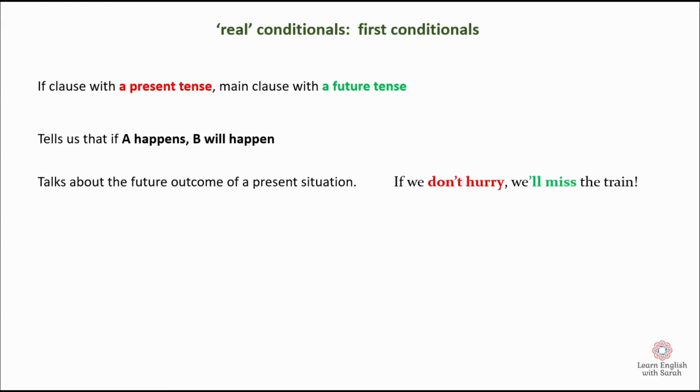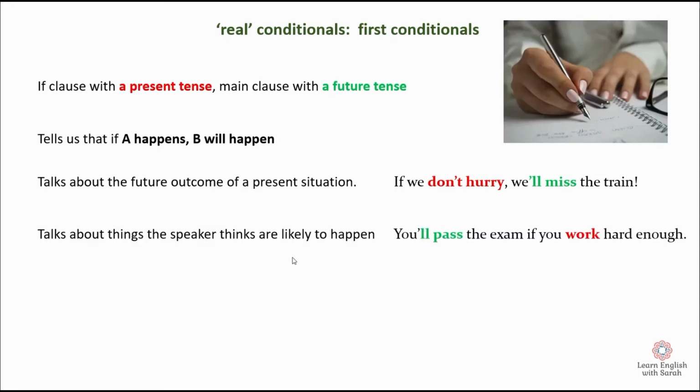So they're really talking about the future outcome of a present situation. And here's a good example. If we don't hurry, we'll miss the train. So maybe we have got 2 minutes to get to the station and get on our train, and we need to run, because if we don't run, the train will leave without us.